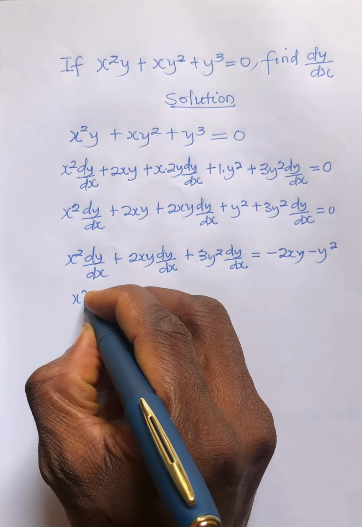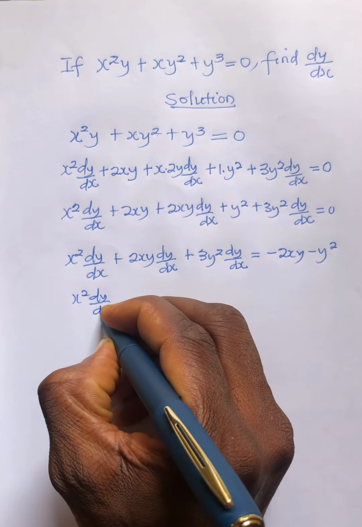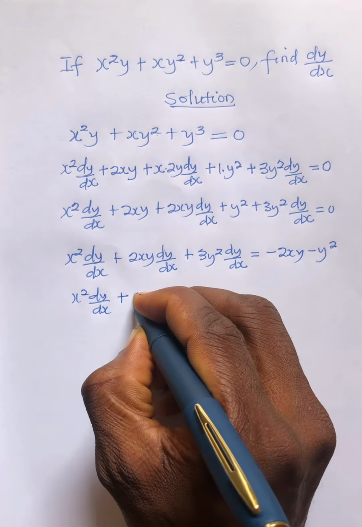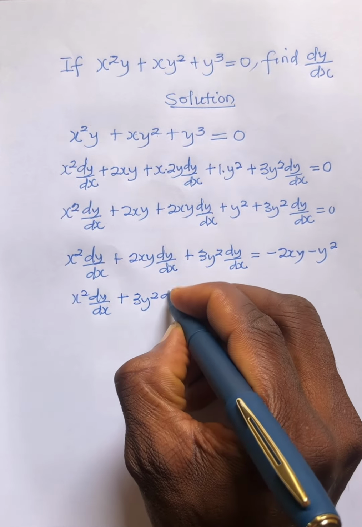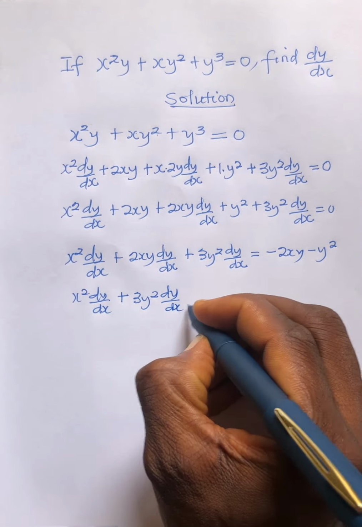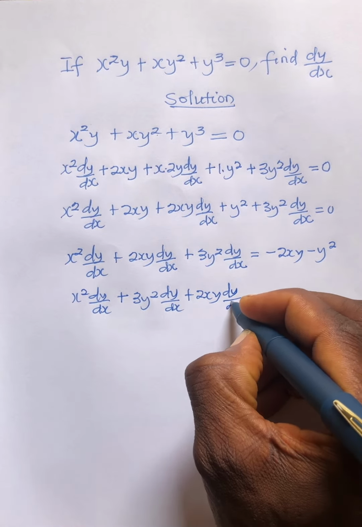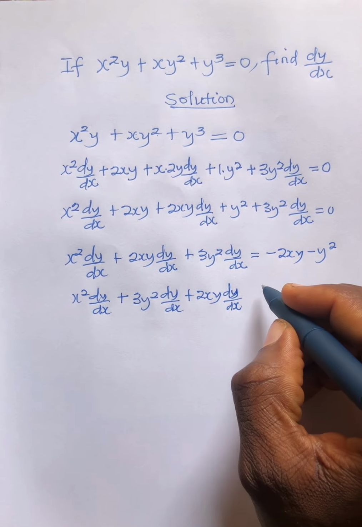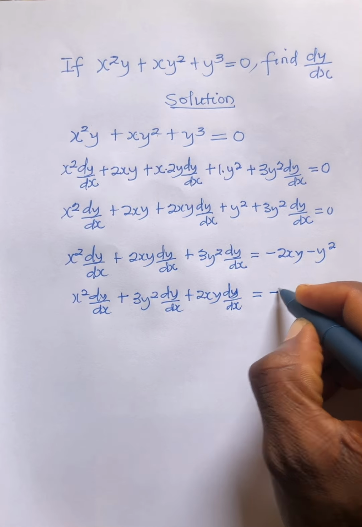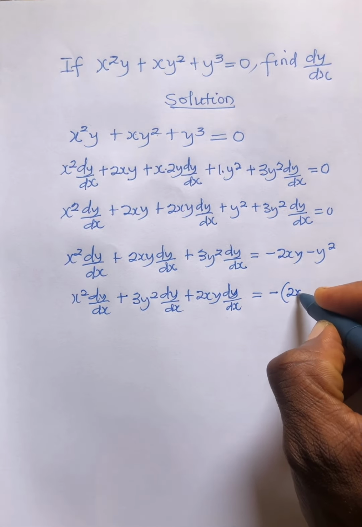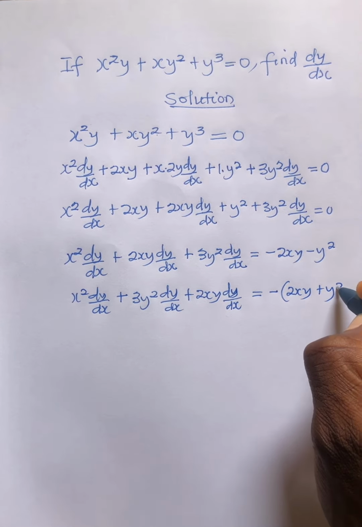So we have x squared dy dx plus 3y squared dy dx plus 2xy dy dx equal to minus, in bracket, 2xy plus y squared.